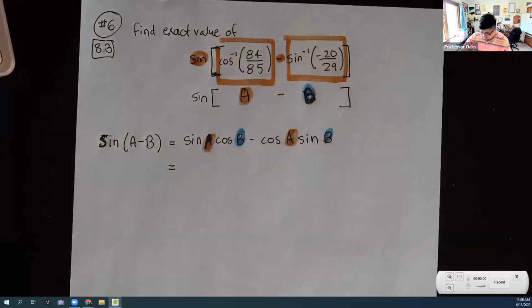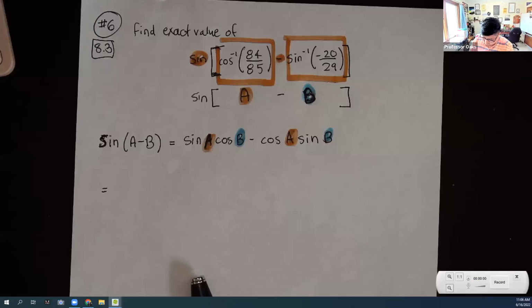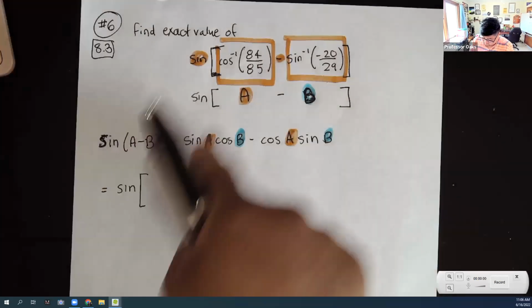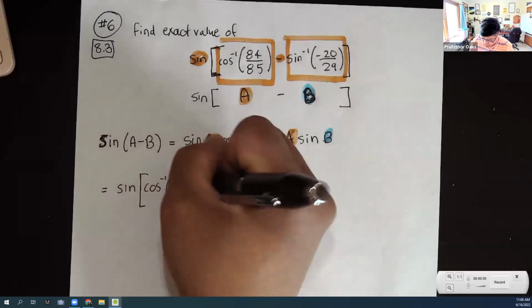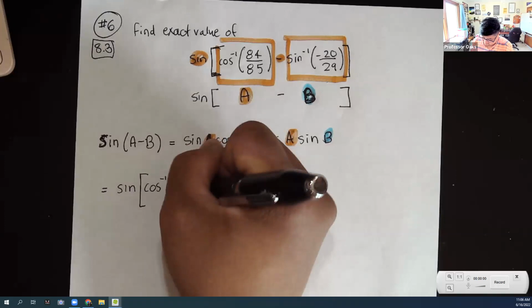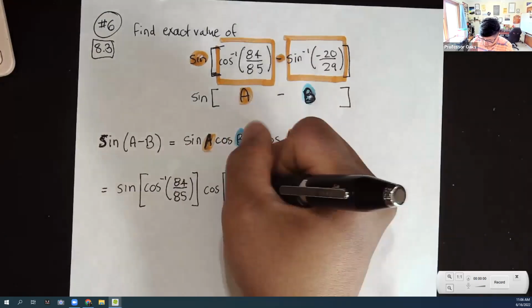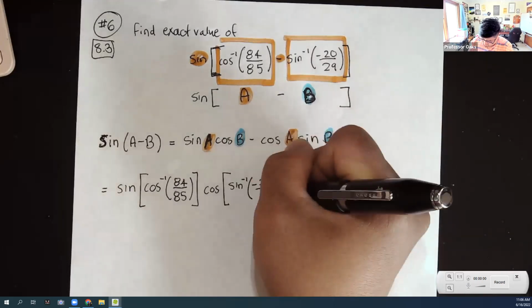So what I have is, and I'll write it over here, you should have enough room, but I don't always write the smallest. So sine of, and because A was cosine inverse of 84 over 85, I'll write that like this. And then cosine of B, which is sine inverse of negative 20 over 29.